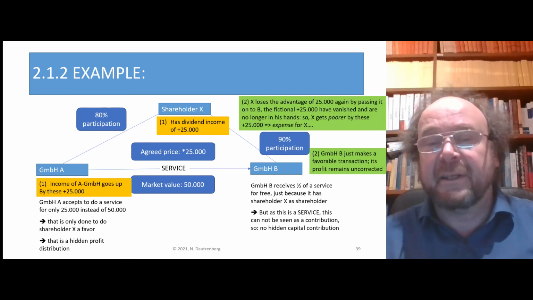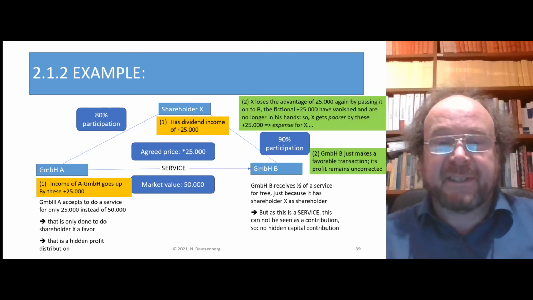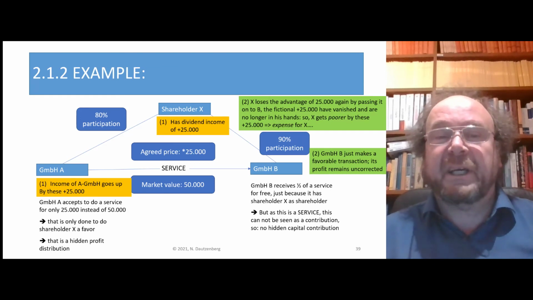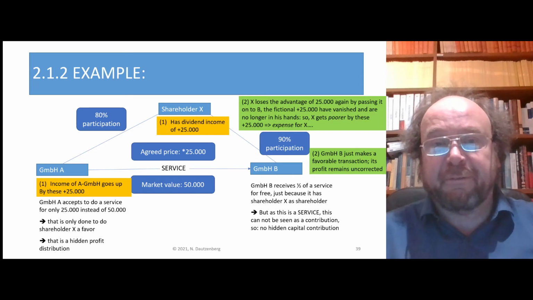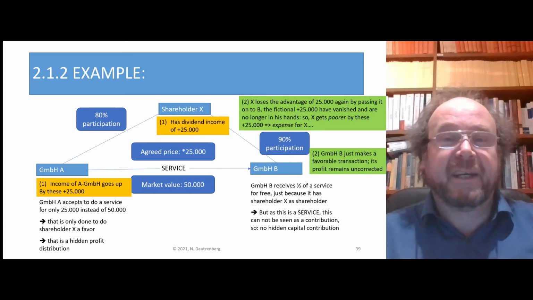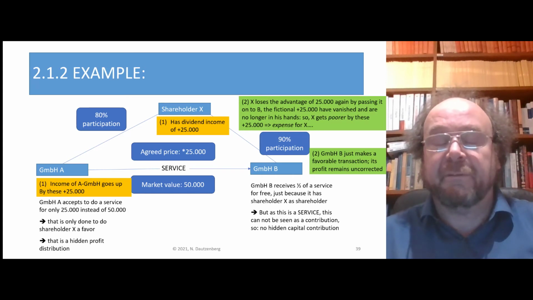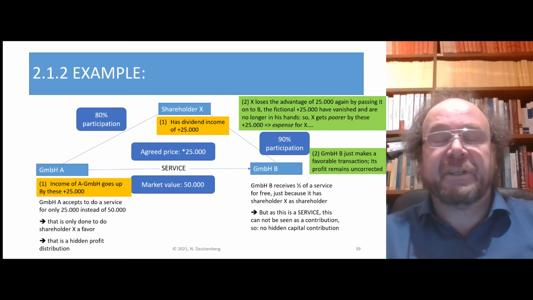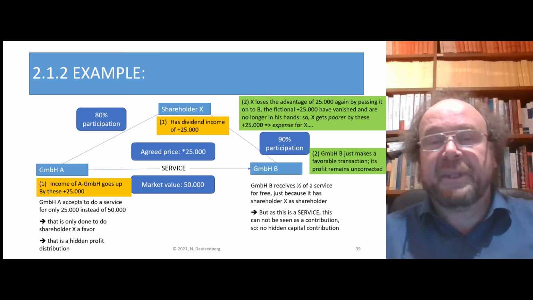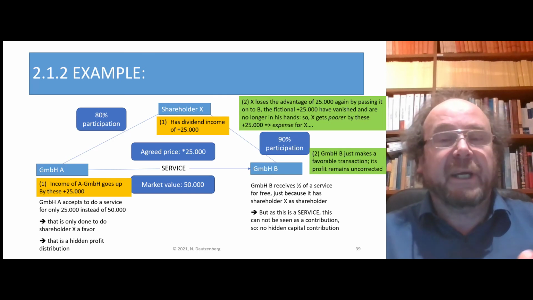On the other hand, when it comes to the tax assessment of shareholder X, we have to acknowledge that the 25,000 in form of a financial advantage, which X collected from A, are no longer there, but have vanished. He passed them on. That's the same as if he gave away.